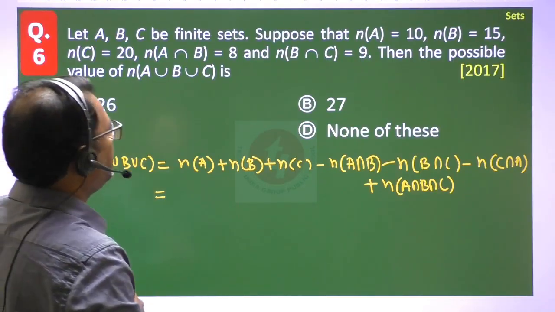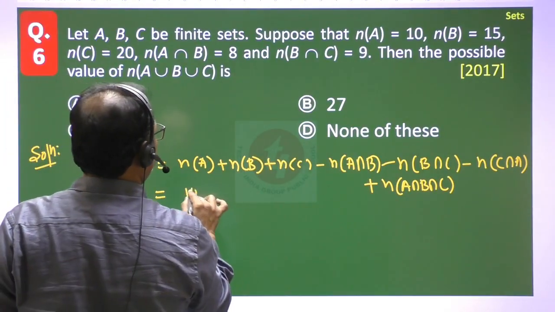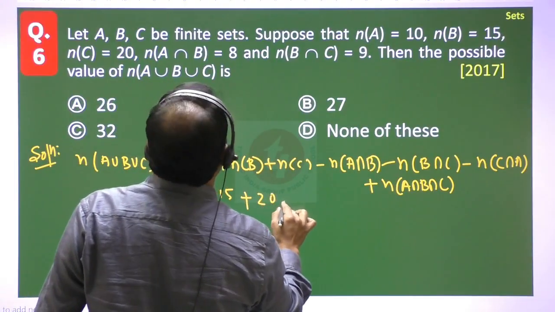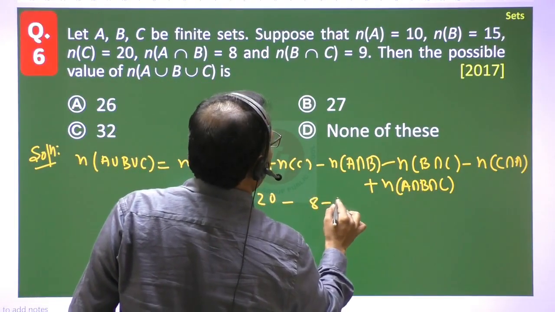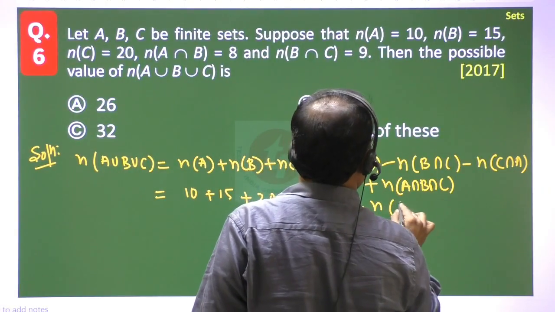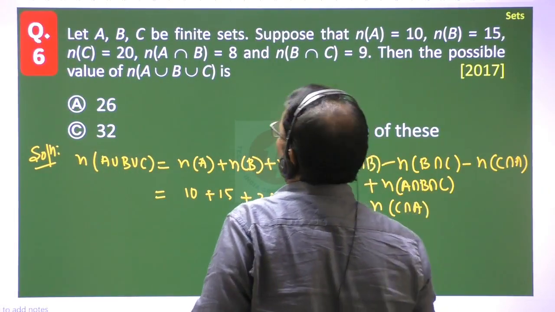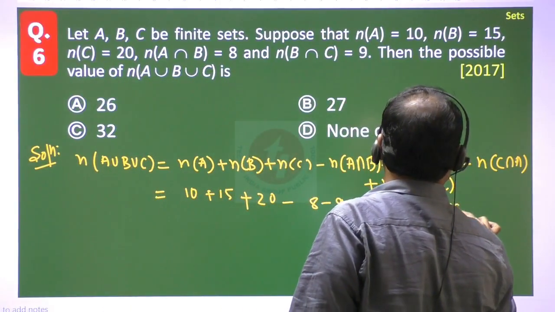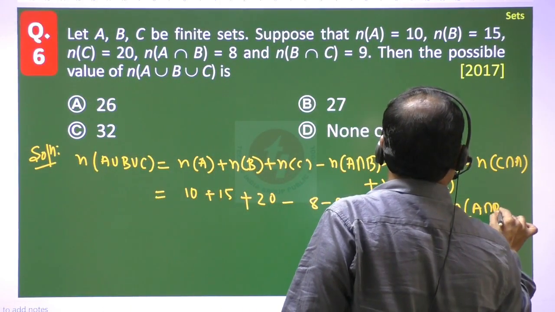In A how many elements? 10, in B 15, in C 20, in the first intersection 8, and then 9, and this one we don't know, C intersection A, and the triple intersection n of A intersection B intersection C is also not given.